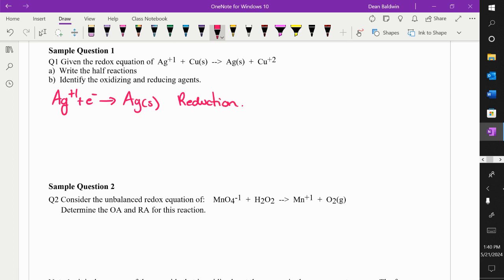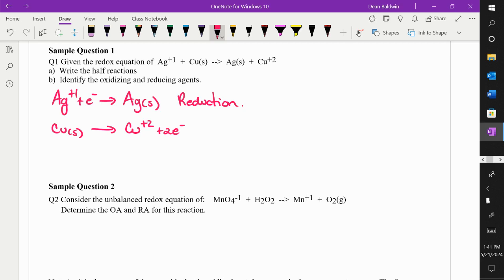The copper solid goes to copper 2 plus. Now you have to maintain a charge on both sides. This has a charge of 0 on this side. So how many electrons do I have to put on the right-hand side? You have to put 2 electrons. So copper lost 2 electrons, therefore is this oxidation or reduction?